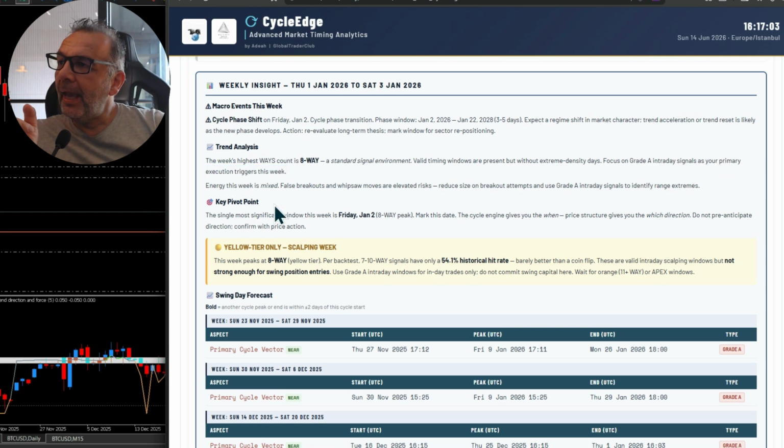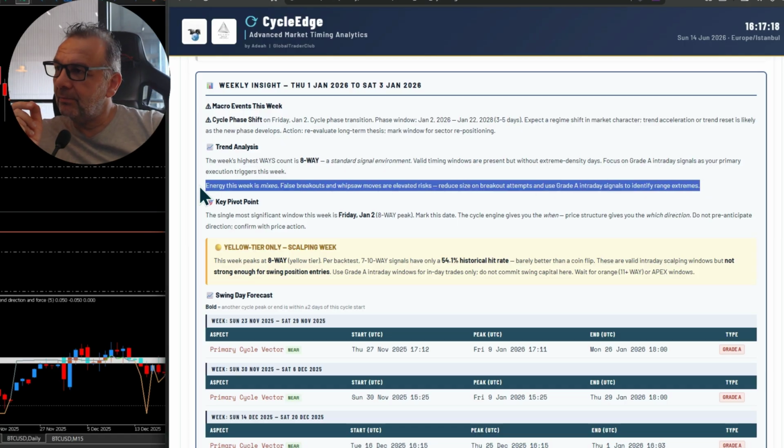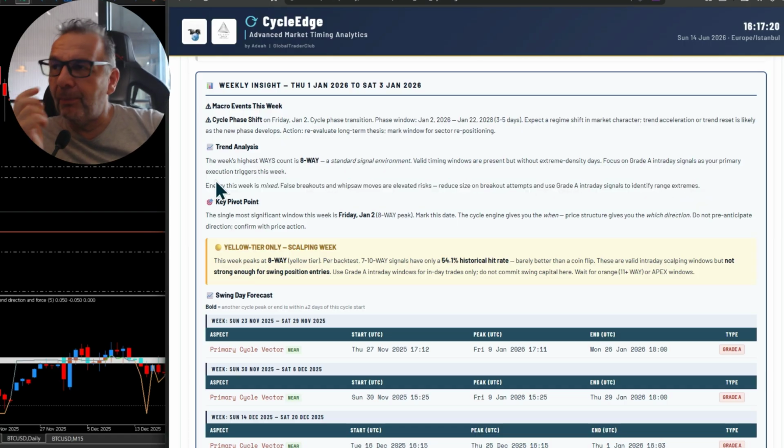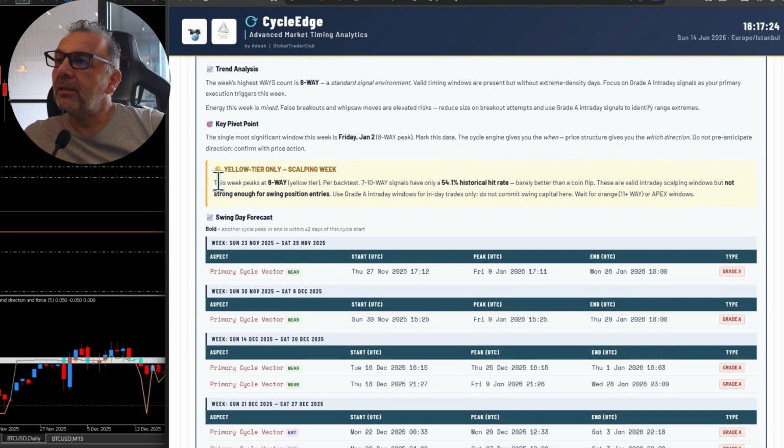Energy this week is mixed. False breakouts and whipsaw moves are elevated risks. Reduce size on breakout attempts and use grade A intraday signals to identify range extremes. All right, so look out for breakouts and look out for fake breakouts. Now, key pivot timing.